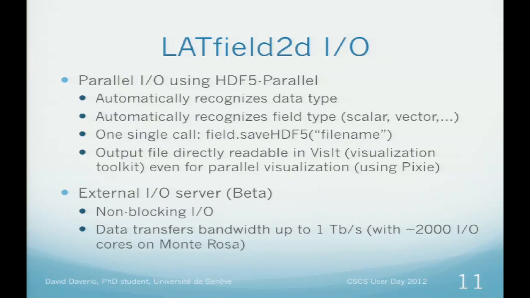And it arranges the HDF5 dataset so it can be read in VisIt with Pixie, thanks to Jean Favre, who modified Pixie to be able to use it with parallel visualization. You do it with just one call, save HDF5 with a file name, so it's really easy to use. And then, to be able to write these winding things really fast, I also had an external I/O server.